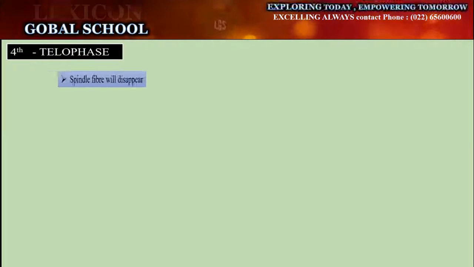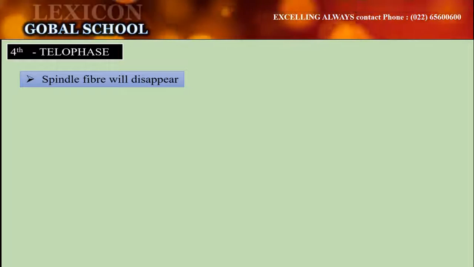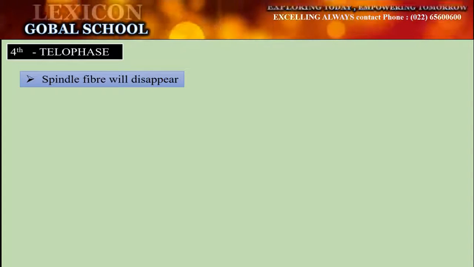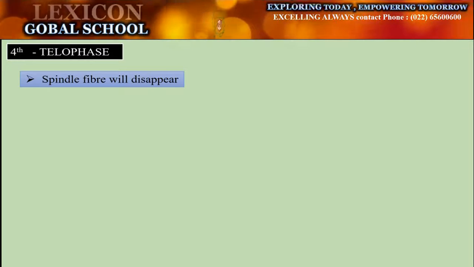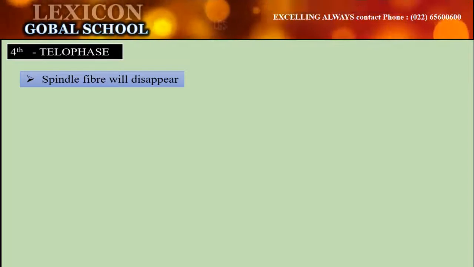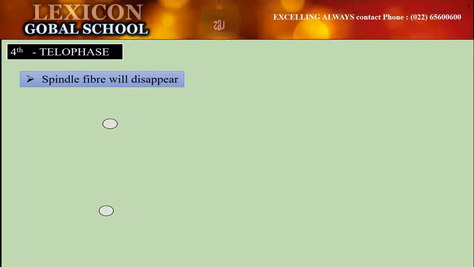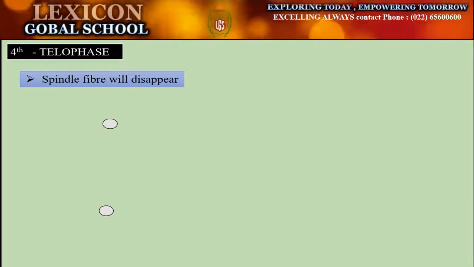In telophase, the spindle fibers disappear completely once they have pulled these chromosomes towards themselves. Once they disappear, this is how the structure of telophase looks.